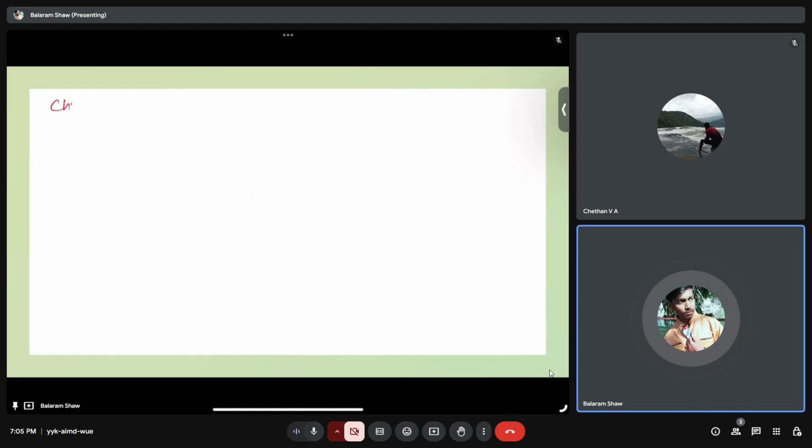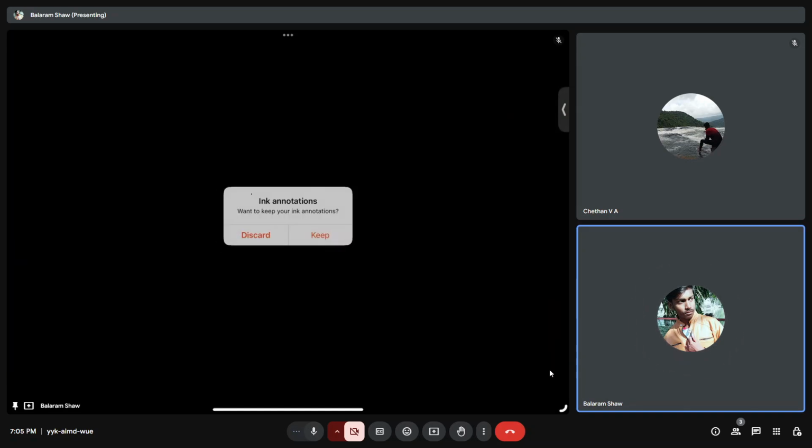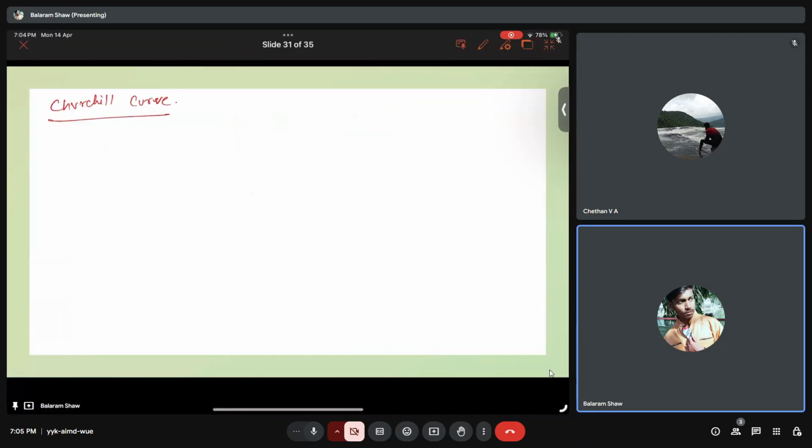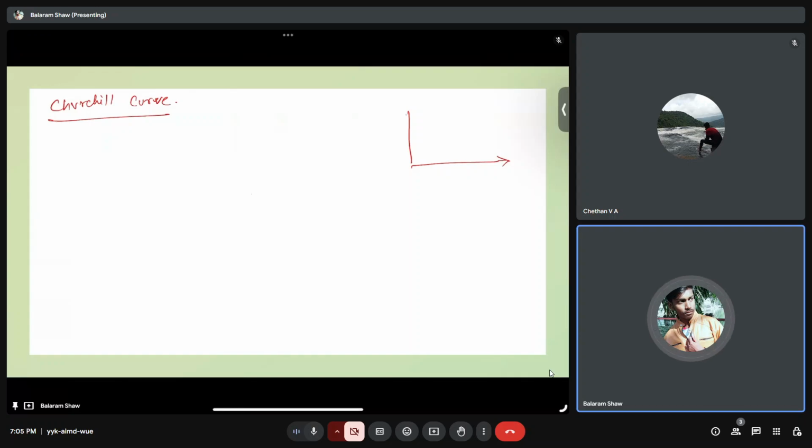So let's say for the Churchill curve, there will be some curve like this, something like this.